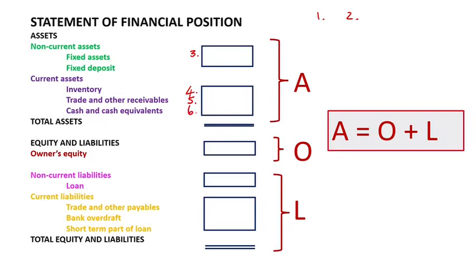Cash and cash equivalents, there's a note. Owner's equity, this is actually the capital account that we just show in a note format. The loan, no note there. Trade and other payables, creditors, accrued expense, and income received in advance will be shown on the note. But as a one-pager, we have the face of the statement of financial position, but the details in the note.